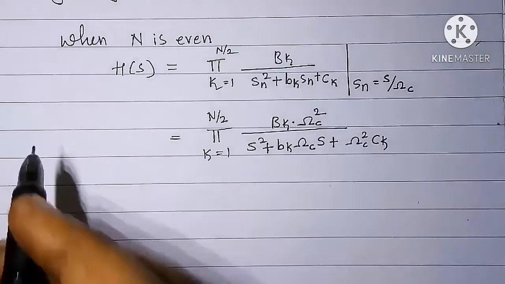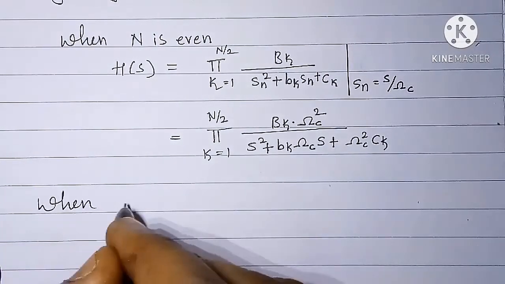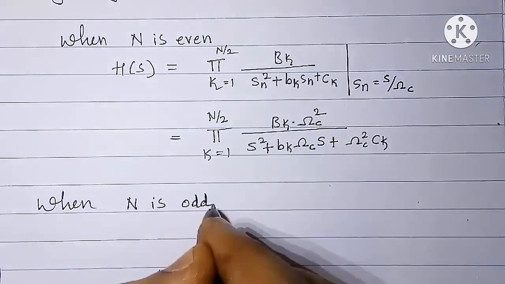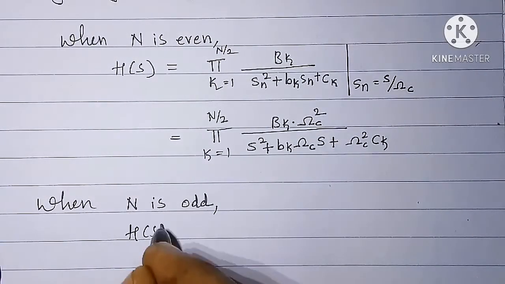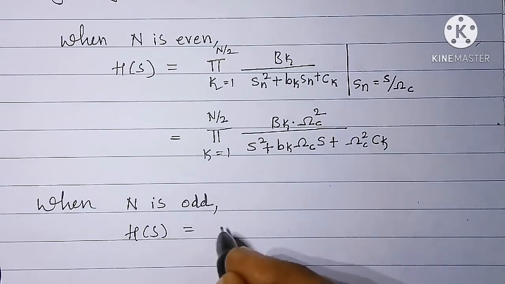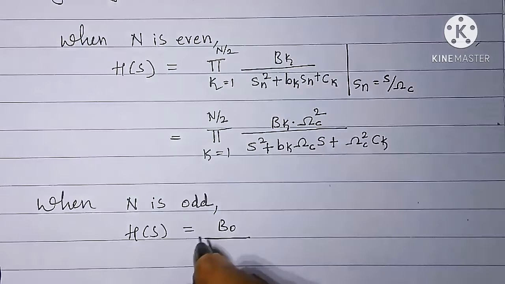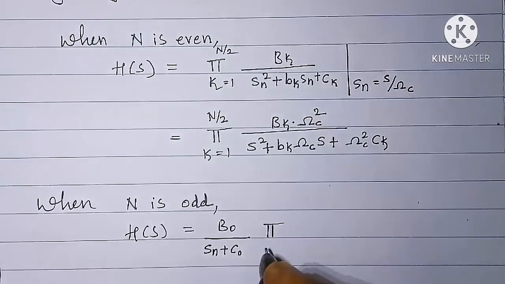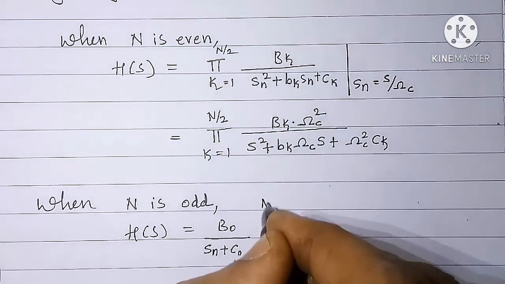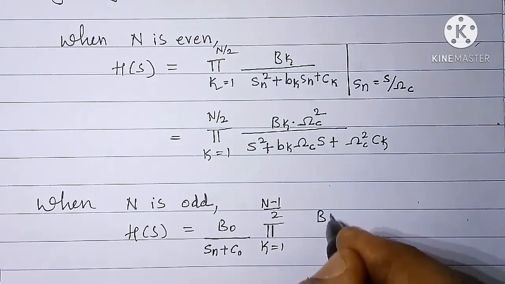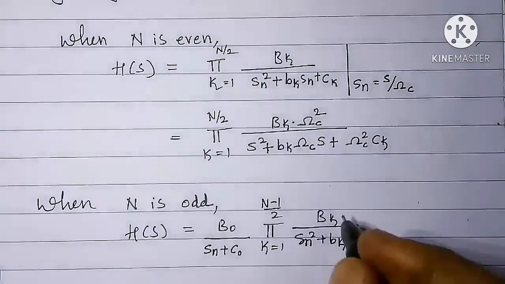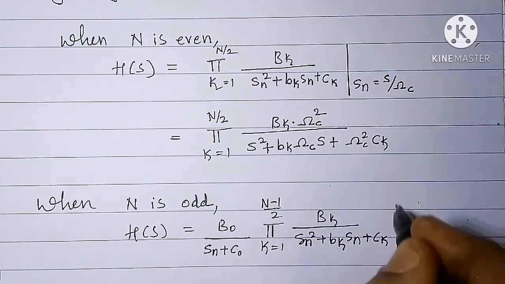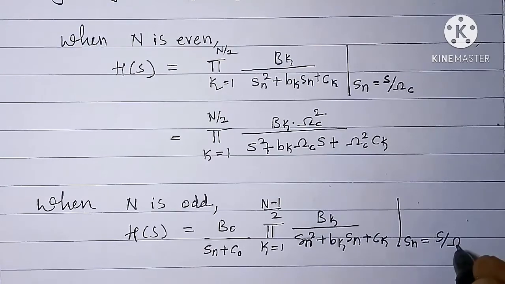And when n is odd, H of s will be equal to B naught upon Sn plus C naught into product from k equal to 1 to n minus 1 by 2 of Bk by Sn square plus Bk into Sn plus Ck at Sn equal to s by omega c.